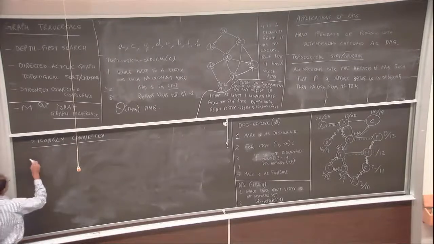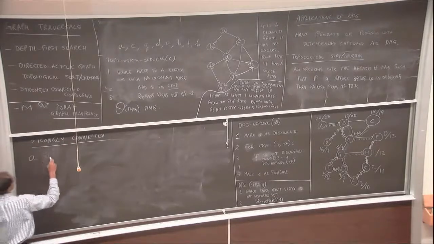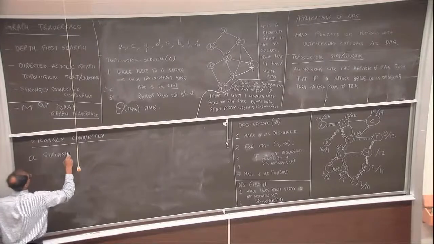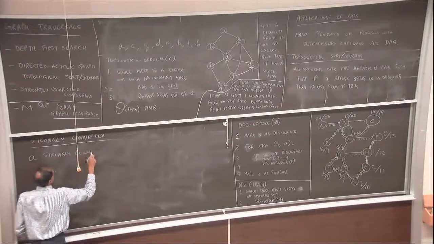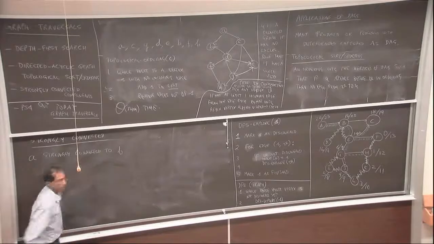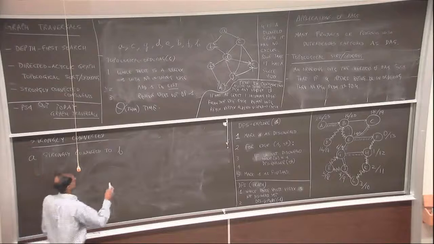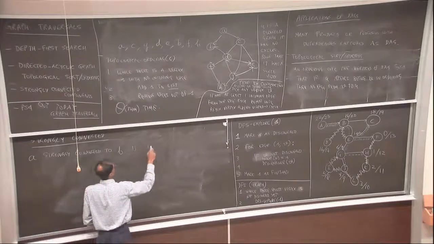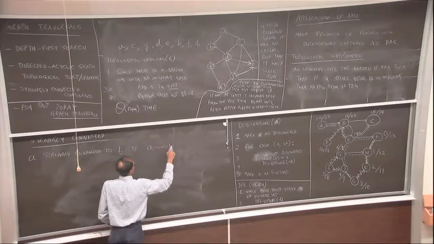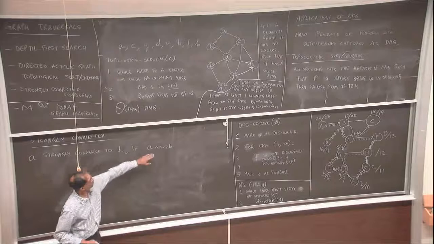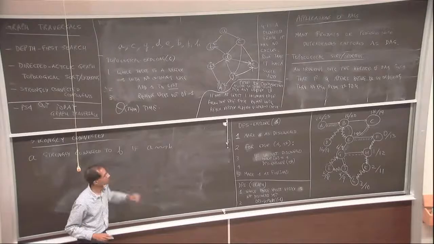So I say that A is strongly connected to B if you have paths in both directions: A has a path to B, and B has a path to A. I'm drawing this picture to indicate that.